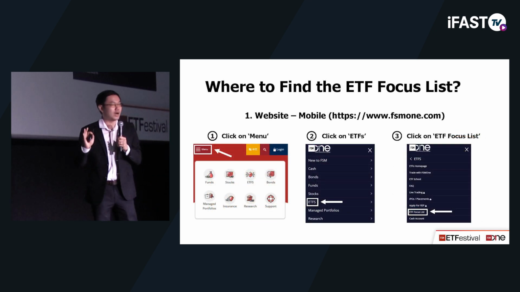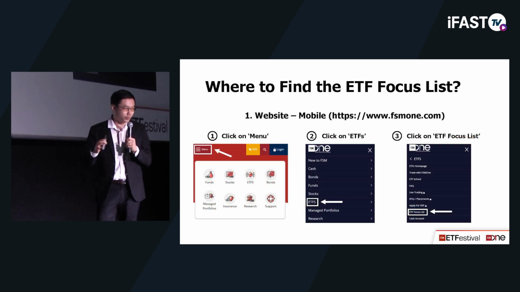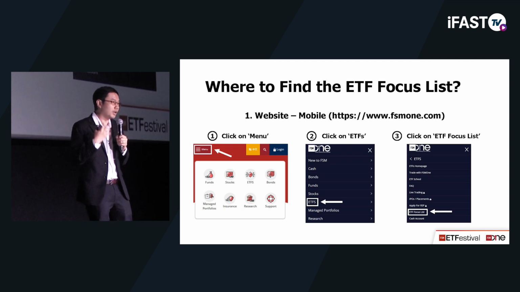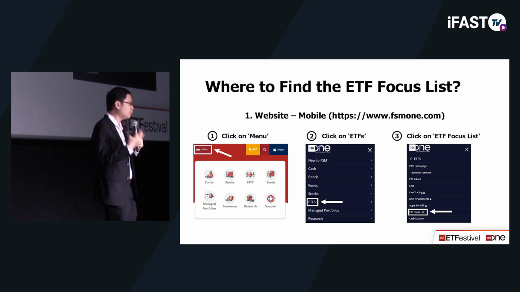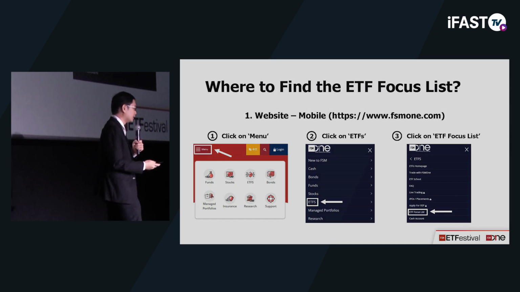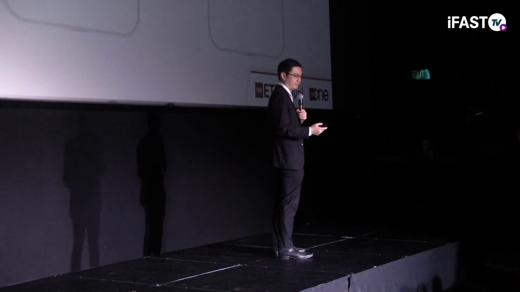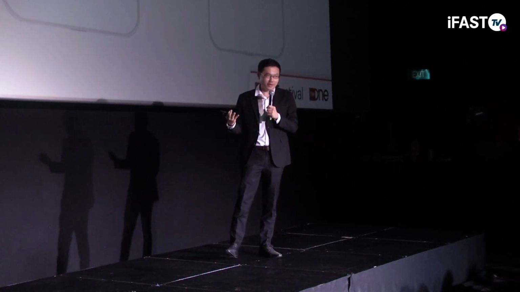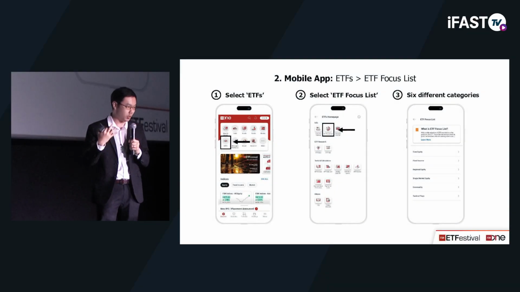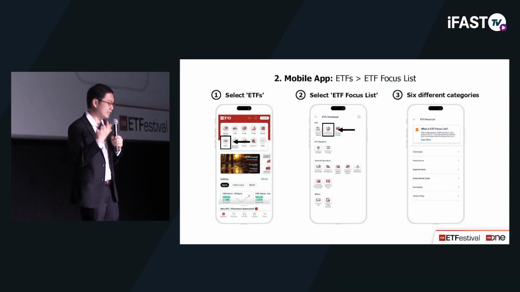If you're accessing our website using your phone's web browser, then you can also find the focus list easily by simply going to the menu, followed by ETFs, and you should be able to find our ETF focus list. If you have the mobile app installed on your phone, you can also access the ETF focus list by selecting ETFs on the home screen, followed by the ETF focus list.